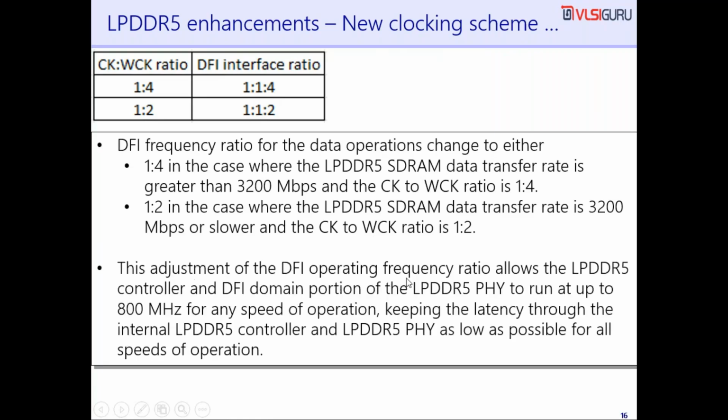This adjustment of DFI operating frequency ratio allows the LPDDR5 controller and DFI domain portion of the LPDDR5 to run up to 800 megahertz for any speed of operation, keeping the latency through the internal LPDDR5 controller and PHY as low as possible for all speeds of operation. So in any case, even when you are reducing it to 1:2, this frequency doesn't come down. It continues to be 800 megahertz.